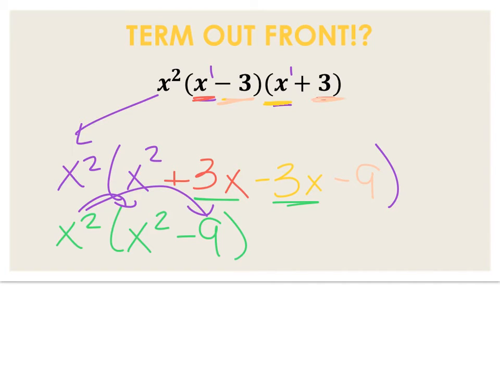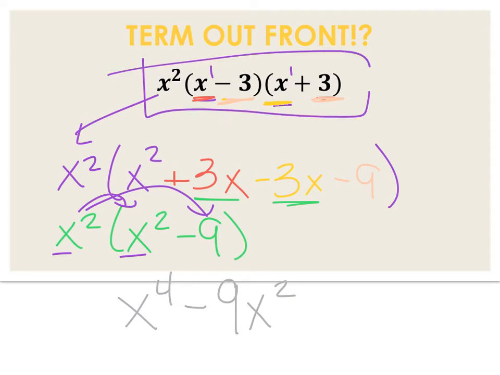X squared times x squared, again, same base, so you're adding your exponents together, gives me x to the 4th. And then x squared times negative 9 is negative 9x squared. So your final answer, when there's this crazy term out front, is x to the 4th minus 9x squared.